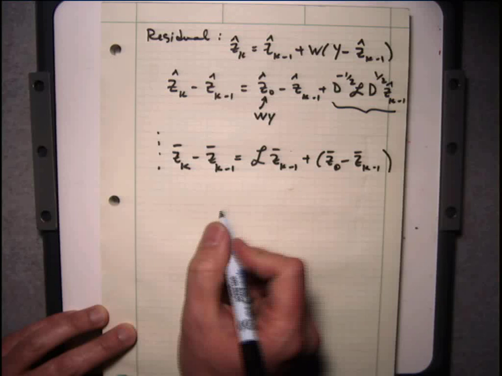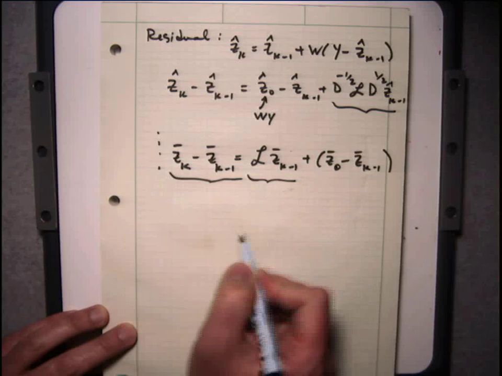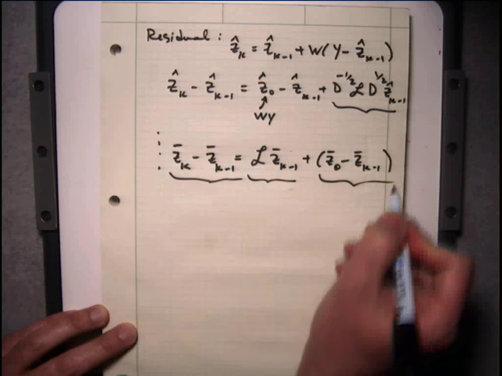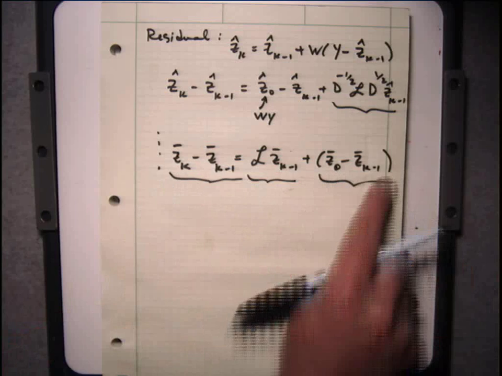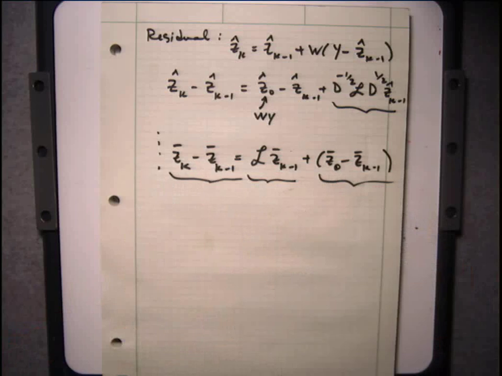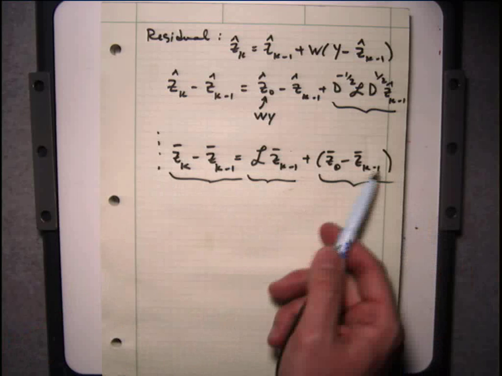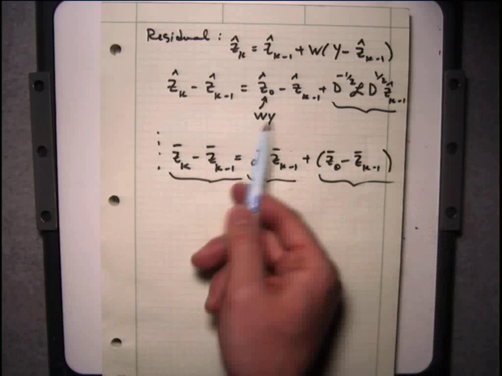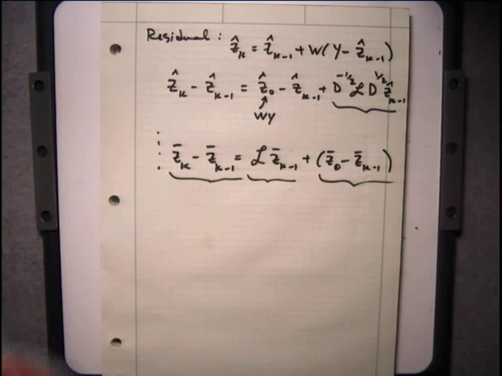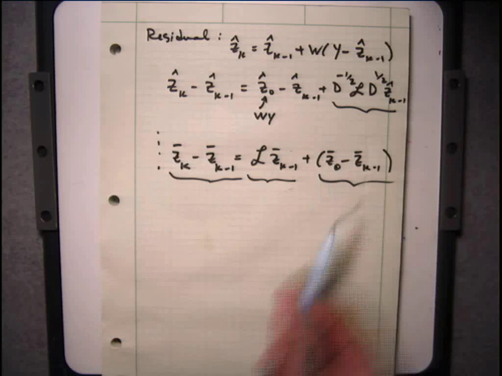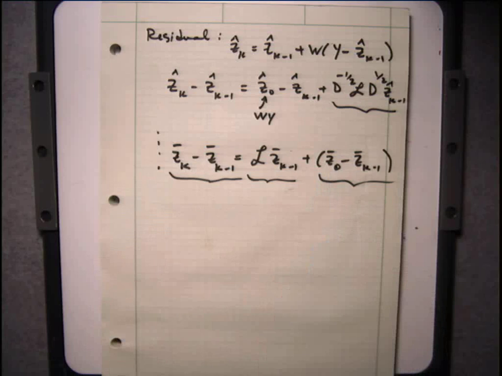So this part here is just a Laplacian, and this is a term which sometimes is called the bias term, sometimes it's called the forcing term. And this z0 is what you might call a pre-filtered version of the data. You filter it once and then you stop. What it does is it biases the solution towards this pre-filtered version of the data. It forces the solution not to get too far away from that initially blurred version of the data.